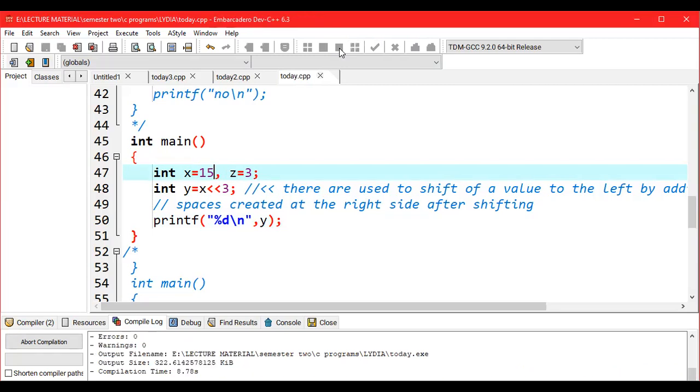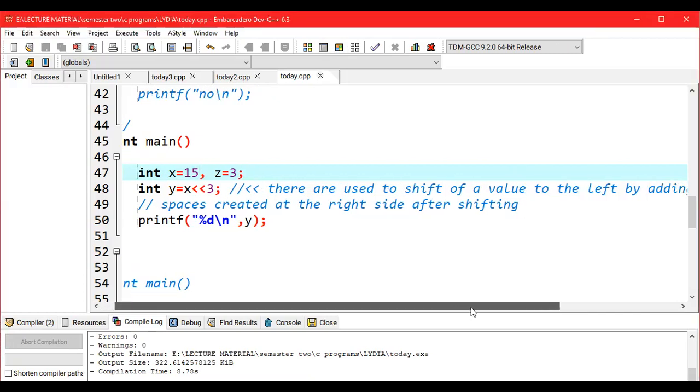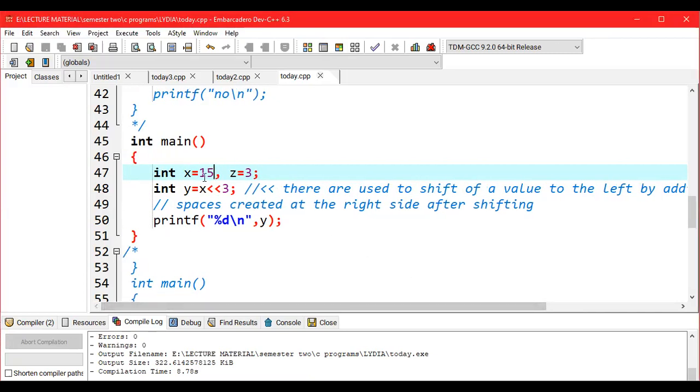It doesn't fail to work. Haven't you seen? 120. What are they trying to mean, surely? What are they trying to mean in adding those zeros, by the way? I don't know if you have some idea. Because what is 15 times 8? You get 120.